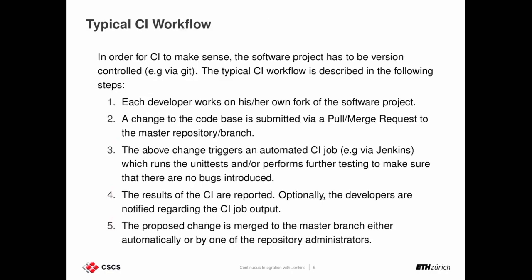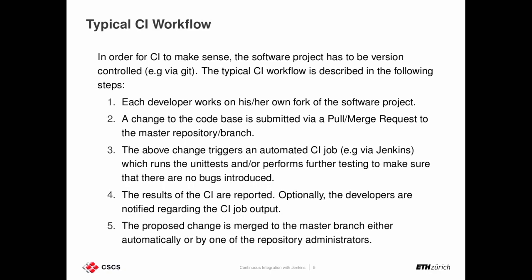So what does a typical CI workflow look like? First of all, in order for continuous integration to make sense, of course, your software project has to be version controlled, for example via Git. And a typical CI workflow consists mainly of the following steps.